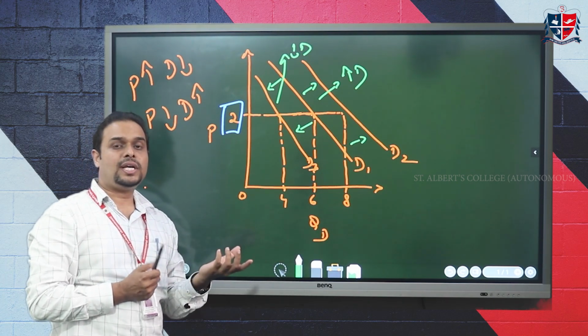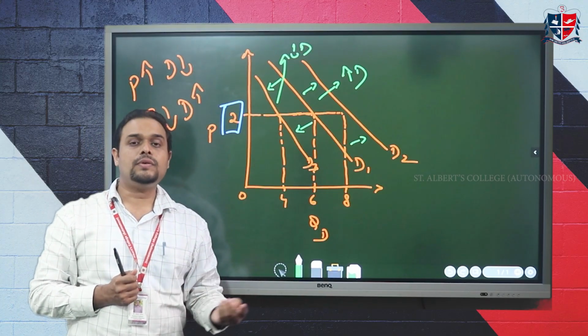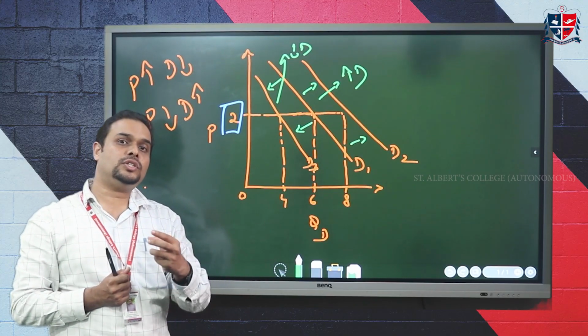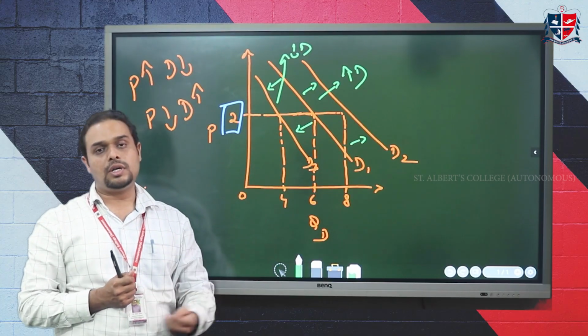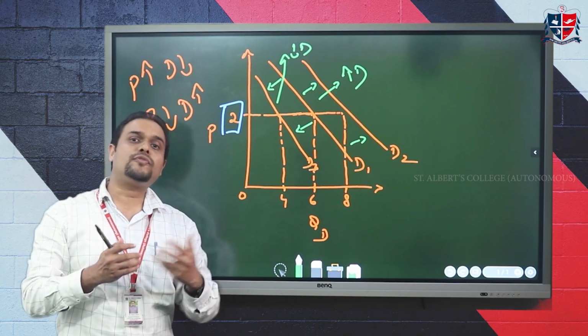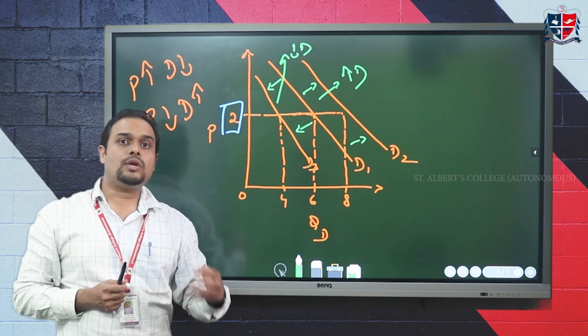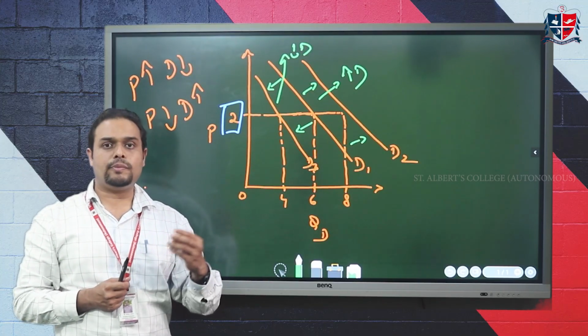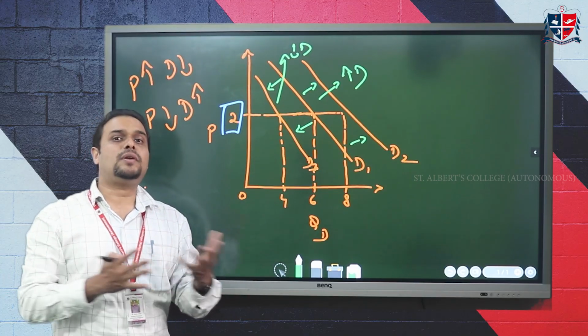Factors other than price means, for example, a change in preferences of consumers, which we discussed in the last video. For example, if the change in consumer preferences results in a positive change in demand, say for a type of food, if people like a specific kind of food, they'll go and buy more of it. It is not because of price, it is basically due to the taste and preference of the consumer.